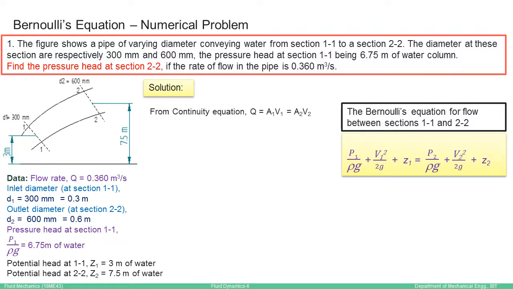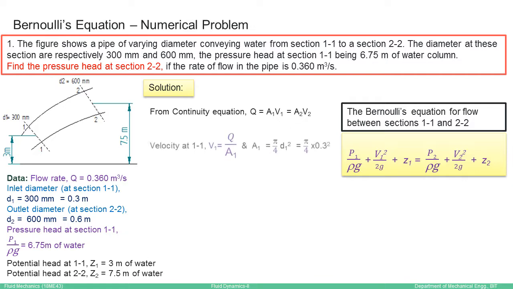By the continuity equation, we know that discharge or flow rate Q is equal to A1 V1 is equal to A2 V2, where A1 and A2 are the cross sectional areas at section 1 and 2 respectively, which are given by pi d1 square by 4 and pi d2 square by 4 respectively. V1 and V2 are the velocities at section 1 and 2 respectively.